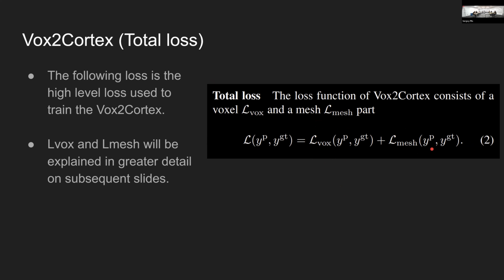So this is the predicted mesh and the ground truth, and they get their ground truths from FreeSurfer. So unfortunately, it's still supervised and requires FreeSurfer to produce the supervised data. And it's just for training. For training. So it's not doing anything unfamiliar to supervised learning.